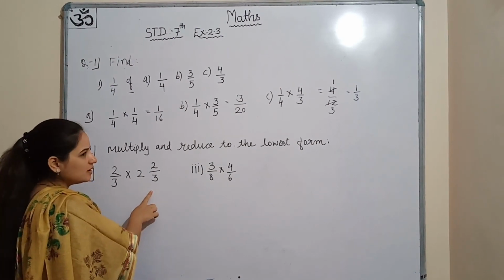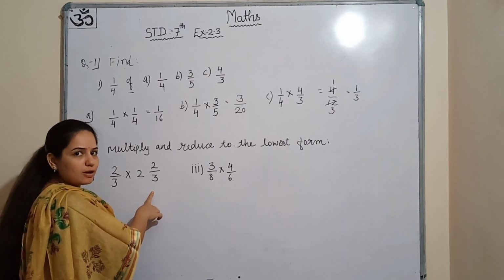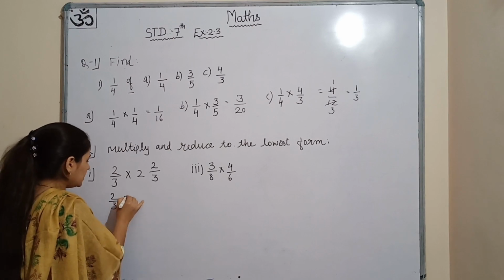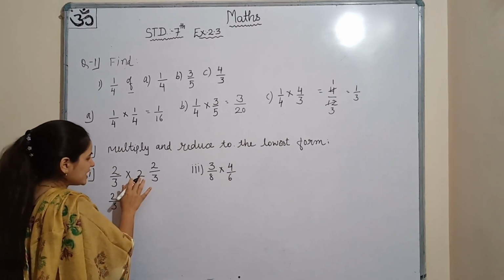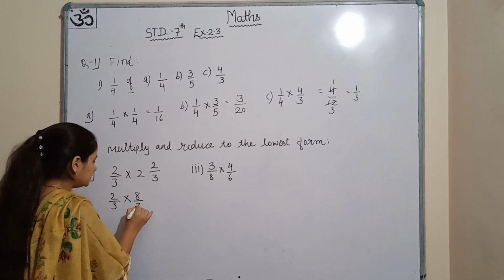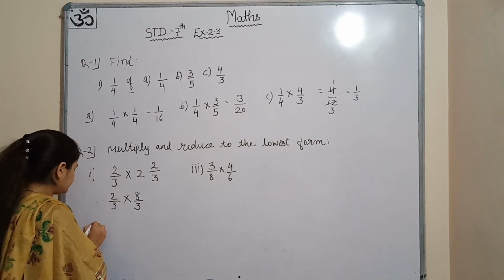So first of all we'll convert this mixed fraction into an improper fraction. These 2/3 will be as it is. 3 2s are 6 and 6 plus 2 is 8 upon 3. Okay, now we'll multiply.